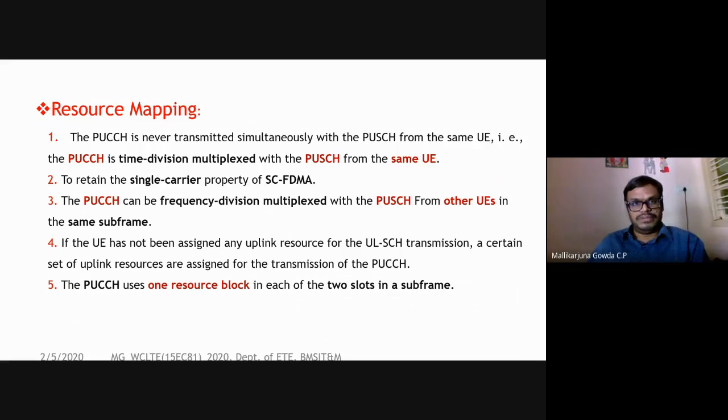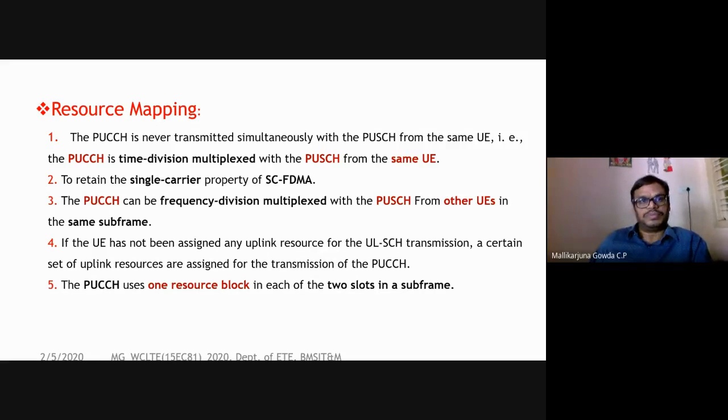What do we mean by time division multiplexed? Only one can transmit at a time, not both. The physical uplink control channel will not be transmitted simultaneously with the physical uplink shared channel from the same user equipment.